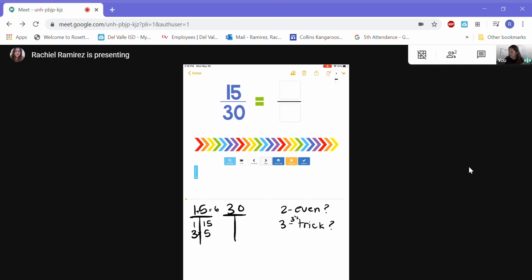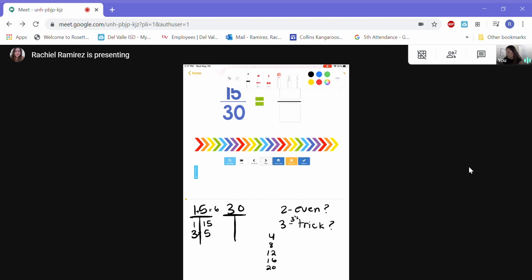Okay, well, let's try 4. Is it a multiple of 4? Think about it. 4, 8, 12, 16, 20. 15 was not a part of those numbers, so it is not a multiple of 4.